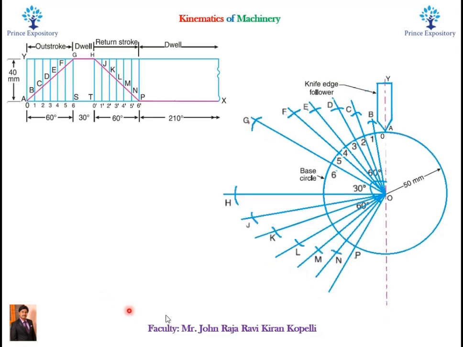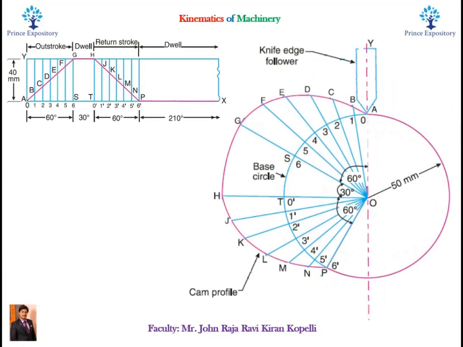And we are at the final end of drawing the cam profile. Now you see, my dear students, starting from A, join A, B, C, D, E, F, G, H, J, K, L, M, N, P. And this remaining part also you have to darken very carefully, and this is going to become the cam profile.